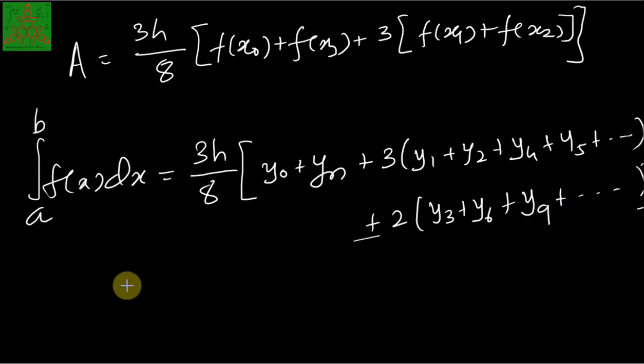Then h is b minus a upon 3m. So this method is used when your number of coordinates is a multiple of 3, that is, of 3m type.